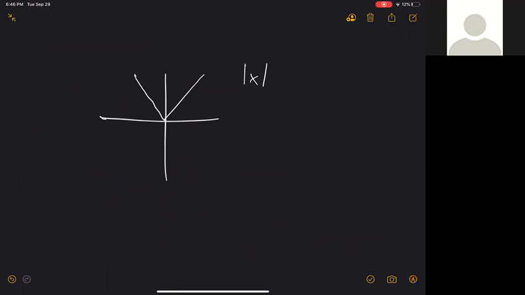This function is not differentiable at that point, at that sharp turn, okay? Remember, differentiability is kind of somehow related to how smooth a curve is, right? If it's got these jagged angles, it's not going to be differentiable at those points.